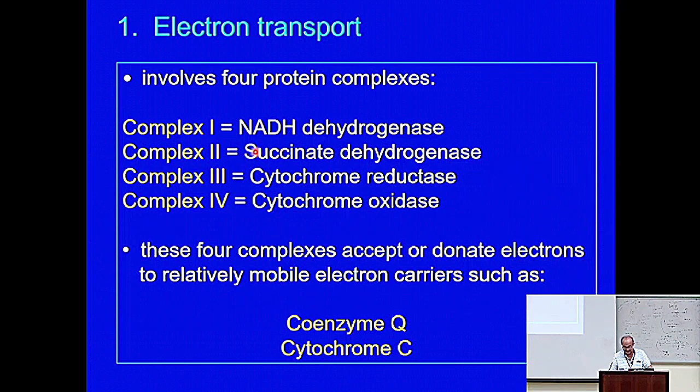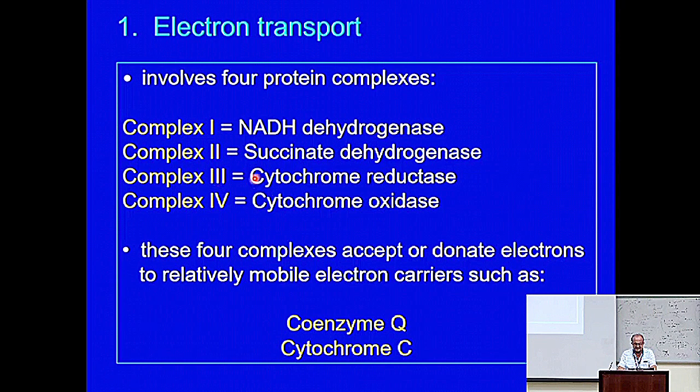It's really part of the enzyme is in the membrane, but it is extended into the matrix. So it serves a function in the TCA cycle as well as in the electron transport chain. We'll talk about that in a minute, some more.